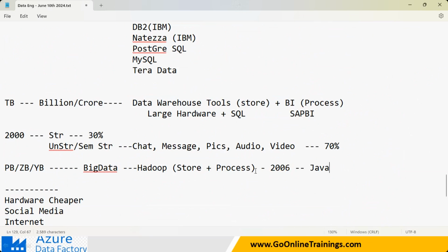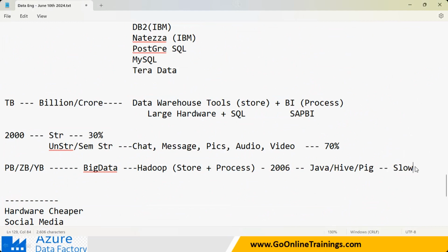They created a lot of things. They implemented Hive. They implemented Pig. Very simple languages. So people were using them and somehow were able to do data analytics. Clear? So a large amount of data was getting accumulated, but this was slow.